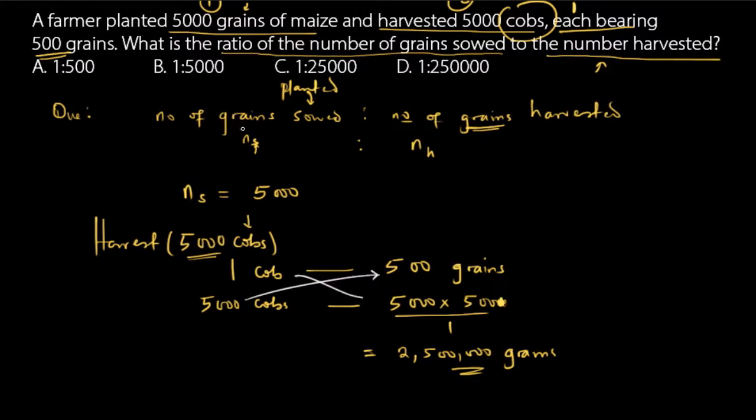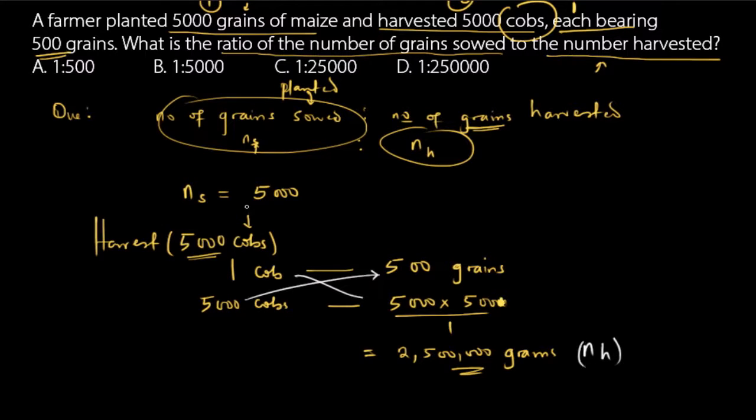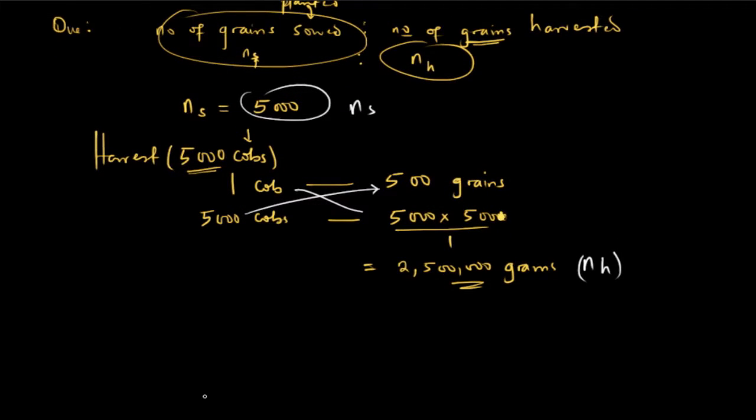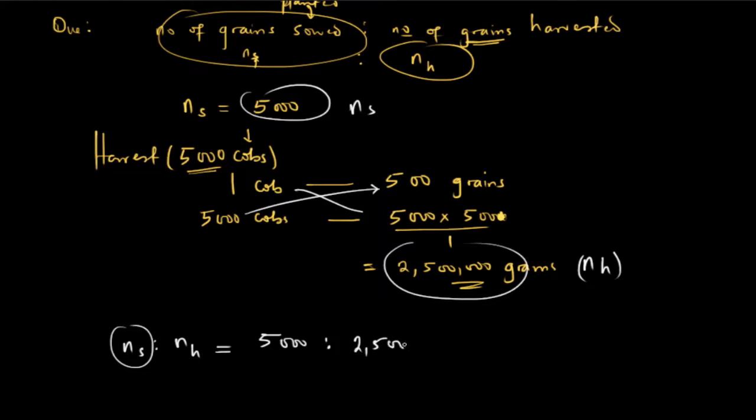But then the question says find the ratio of the number of grains sold to the number harvested. So this is the number harvested, this is my NH, and this is the number sold, this is my NS. So we want to find NS ratio NH. Our NS is 5,000 ratio, our NH is 2,500,000.